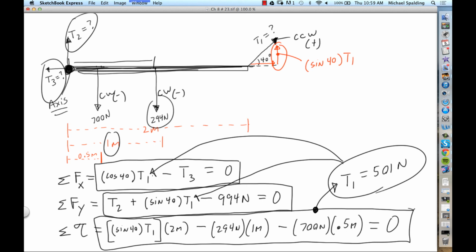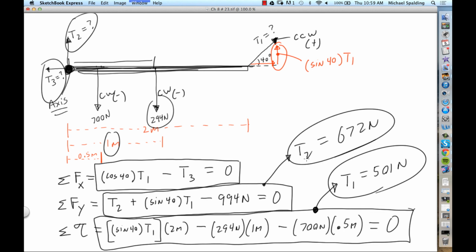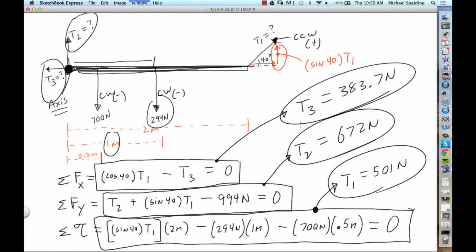And now you can find T2 and T3. Right? So in plugging T1 in, now you can get T2. T2 comes out as 672. And then go up here. T3 comes out as 384, about 383.7. So the rest is just algebra once you have the equation set up.